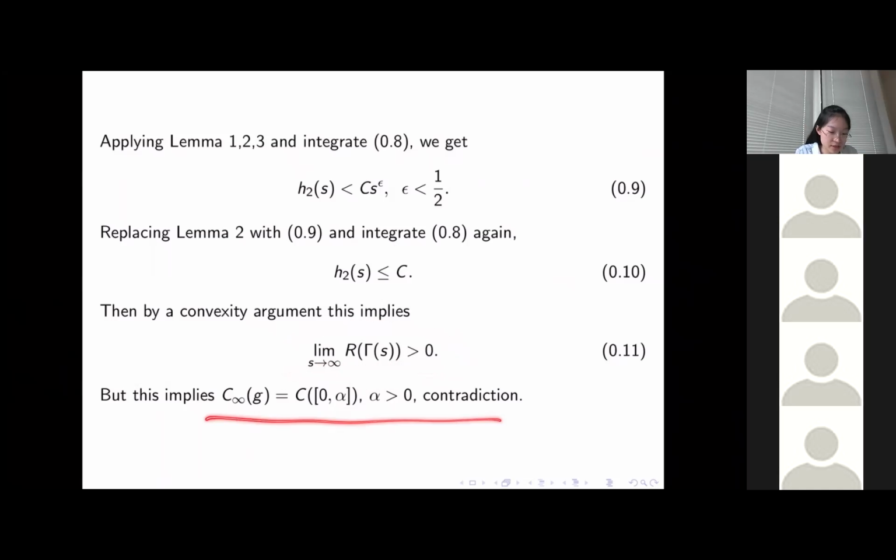This is a contradiction because we're assuming that alpha is zero. So by this theorem, you see that all the 3D steady solitons we constructed before are indeed flying wings, so they have positive asymptotic angles. Okay, I think I will stop here, and thanks very much for your attention.